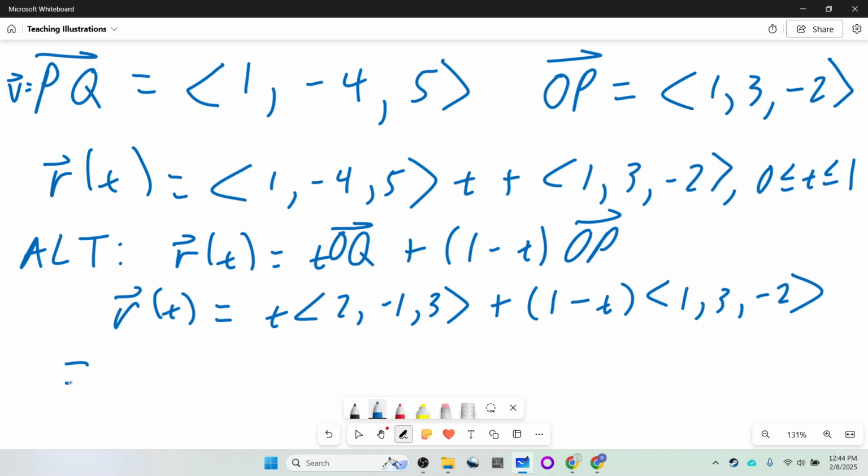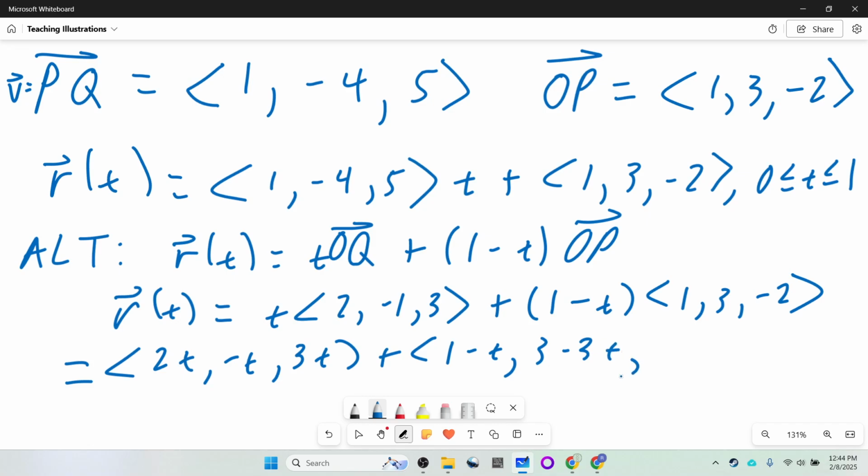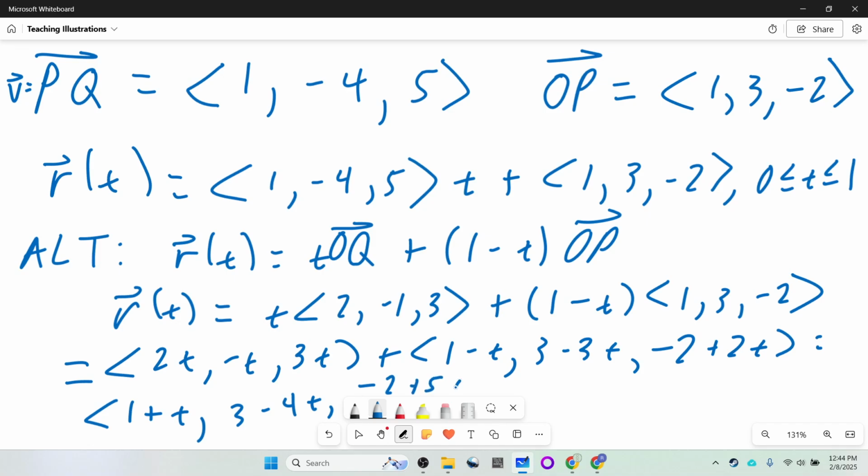If you were to expand this, 2t, -t, 3t, plus 3 minus 3t, -2 plus 2t, and then add these together, you would get 1 plus t, 3 minus 4t, and -2 plus 5t, which is the same thing you'll get here if you expand it out, because here are the t's, and here are the constants.